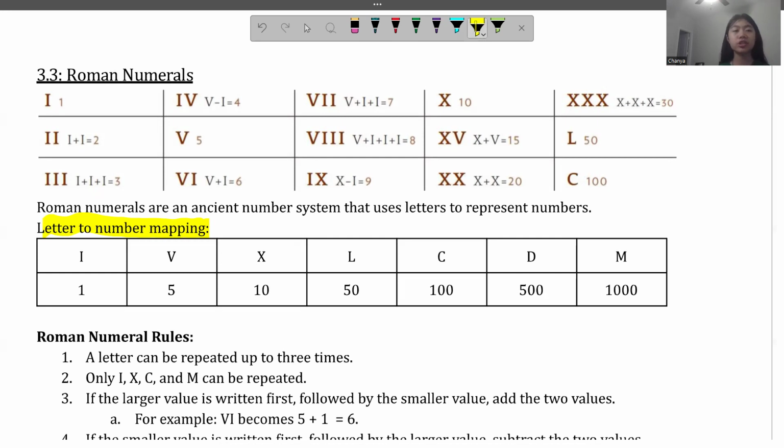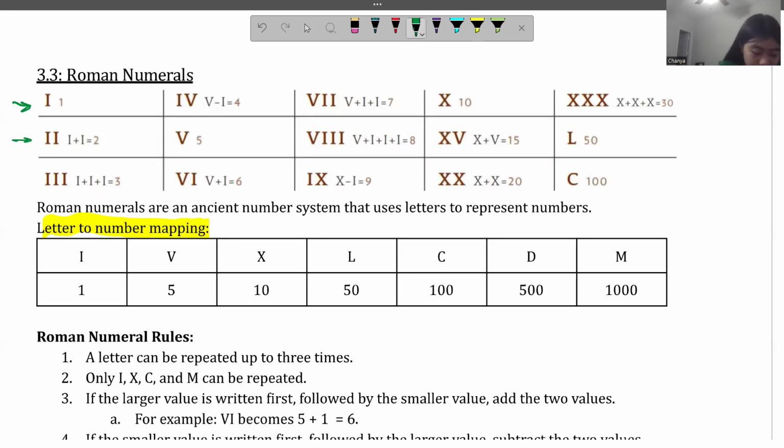So jumping into assembling Roman numerals, let's start with the most obvious example, which is how to write the number 1. Since I is the Roman numeral for 1, 1 is just I. Similarly, for the number 2, it's II, because there are two of the letter that represents 1.